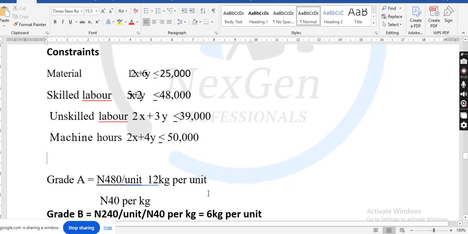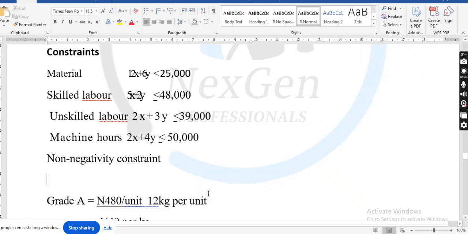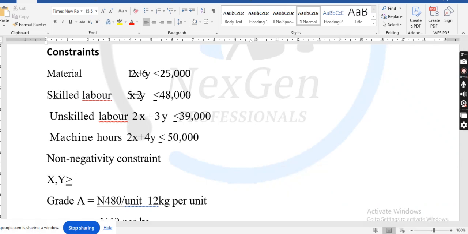Non-negativity constraints: x, y is greater than or equal to 0.